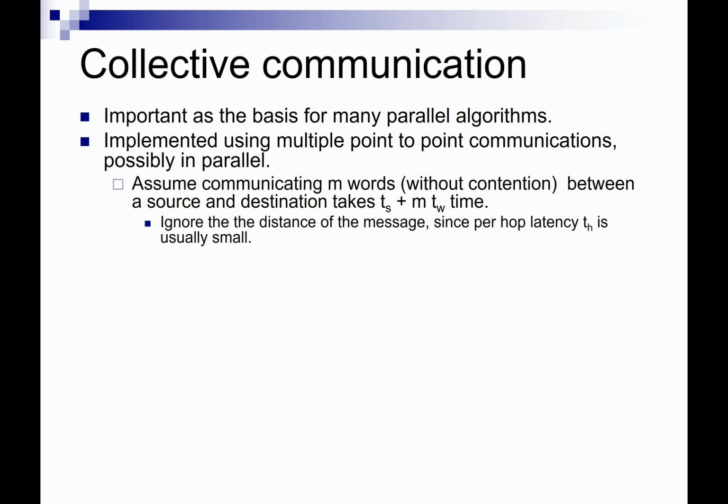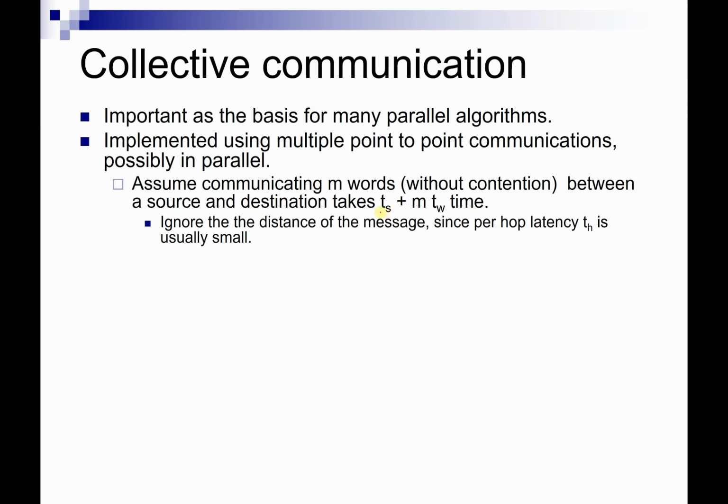Before we talk about these algorithms, we're going to define a cost model for communication. This goes back to the model that we talked about a few lectures ago, where we talked about communication in networks. There, we said that in order to send a message of size m, there are basically two parts to the cost.